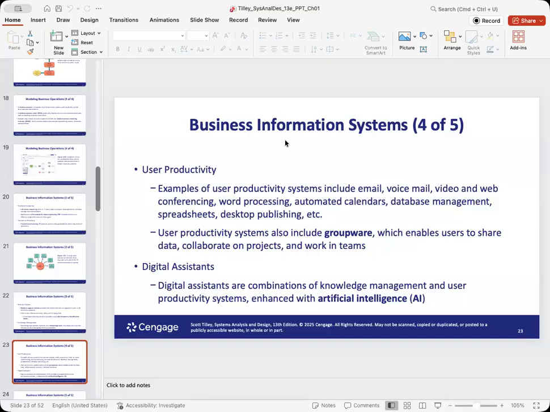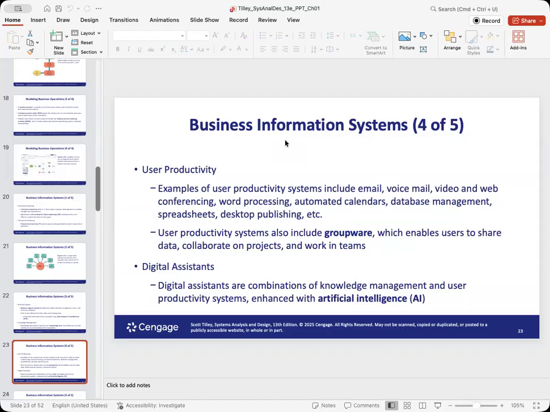Now, user productivity talks about systems or software. We all know that within a firm, without email, it will be difficult communicating with each other. In a firm, without voice processing systems like phone calls, it will be difficult connecting with each other, and that will reduce your productivity.